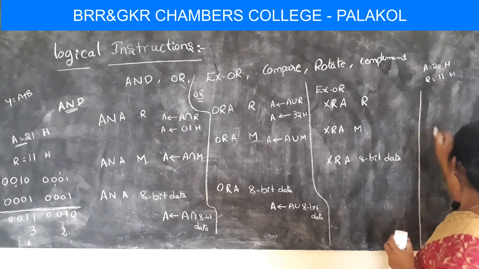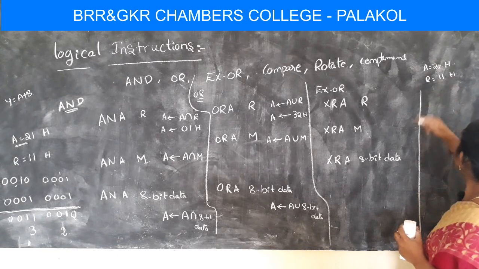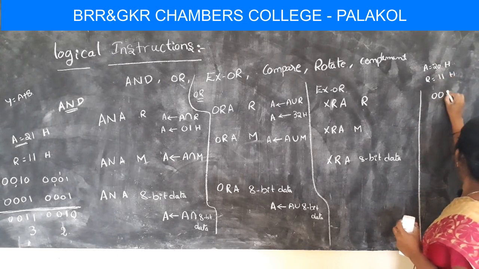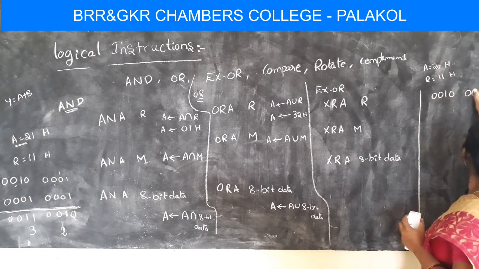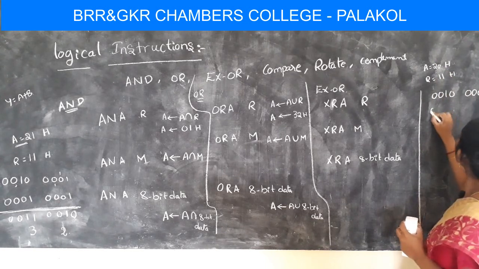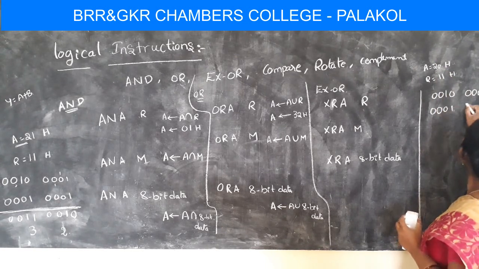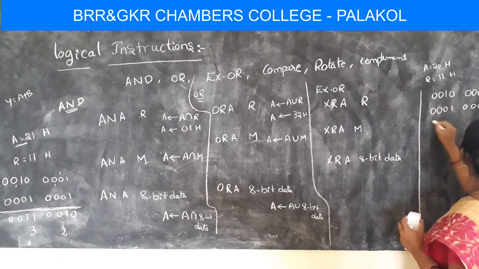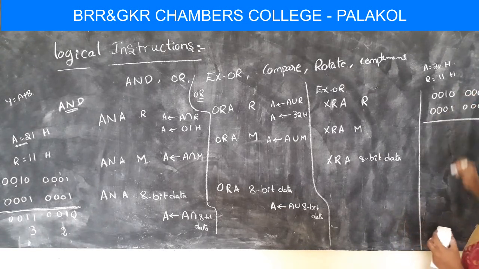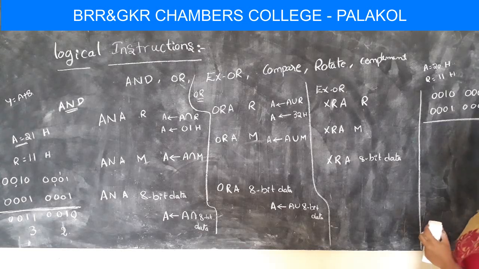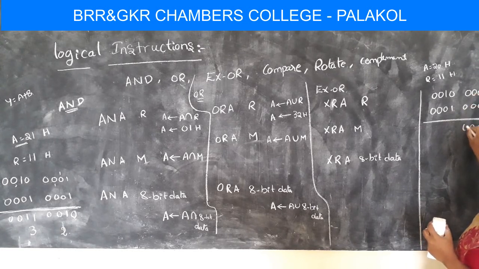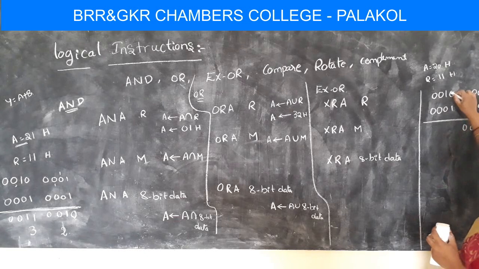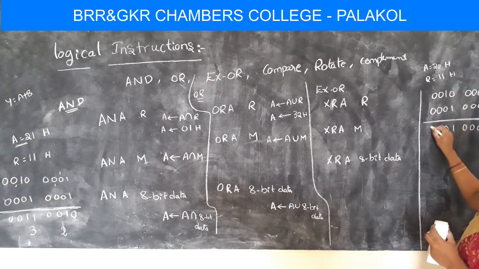Here 2 is 00100000 and 11 is 00010001. We perform the XOR operation: 0 XOR 1 is 1, 0 XOR 0 is 0, 0 XOR 0 is 0, 0 XOR 0 is 0, 1 XOR 0 is 1, 1 XOR 0 is 1, 0 and 0.